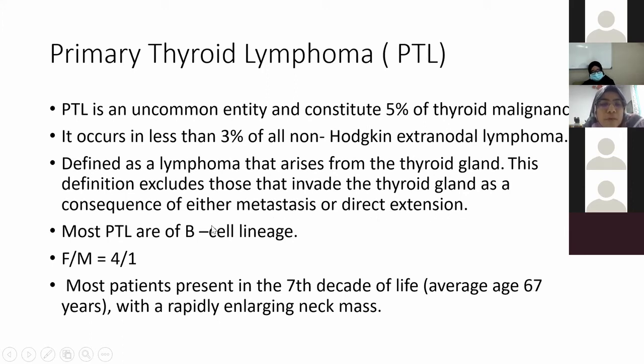Most primary thyroid lymphomas are of B cell. Female is predominant, though this patient is male. Most patients present in the 7th decade of life, with an average age of about 67 years, with a rapidly enlarging neck mass.